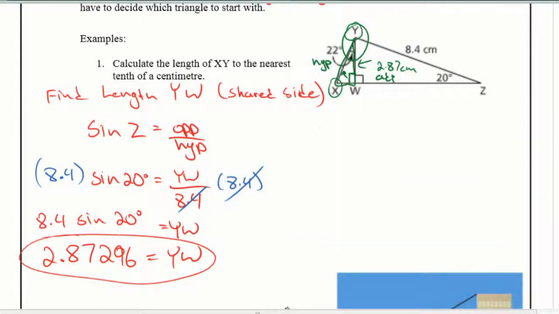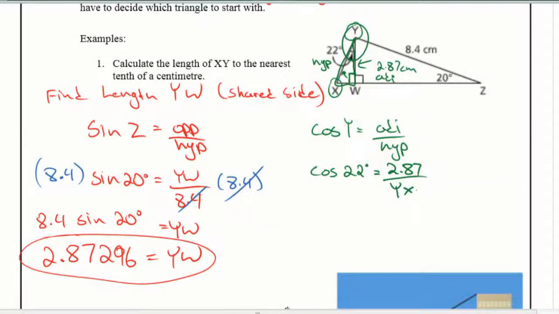So adjacent and hypotenuse is going to be the cosine of Y, or 22 degrees, is the adjacent divided by the hypotenuse. Or the cosine of 22 is equal to the adjacent, which is 2.87, divided by the hypotenuse, we'll call YX. You can give it a single variable name if you wanted, doesn't matter.